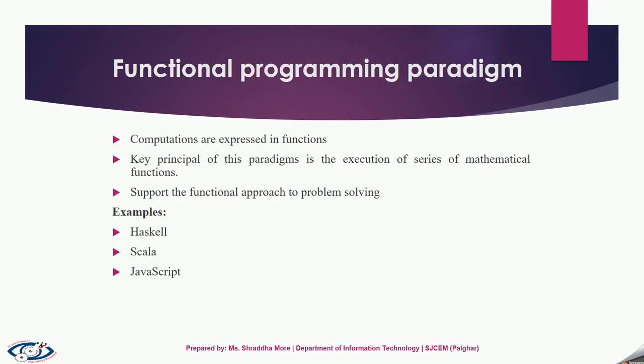Next, we will study the functional programming paradigm. In this type of paradigm, computations are expressed as functions. The key principle of this paradigm is the execution of a series of mathematical functions. It supports the functional approach to solve the problem.